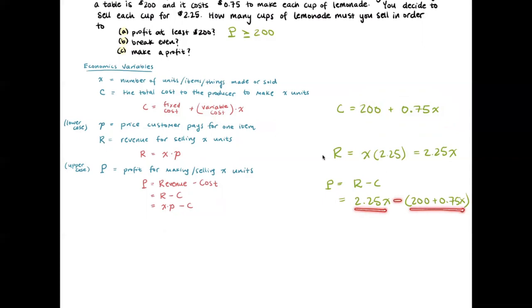Now a nice thing to do, since we're going to want to work with this, is to simplify it. A really nice way to simplify is to combine like terms. We've got this x wrapped up in parentheses here, and this x over here. So let's distribute this minus sign.